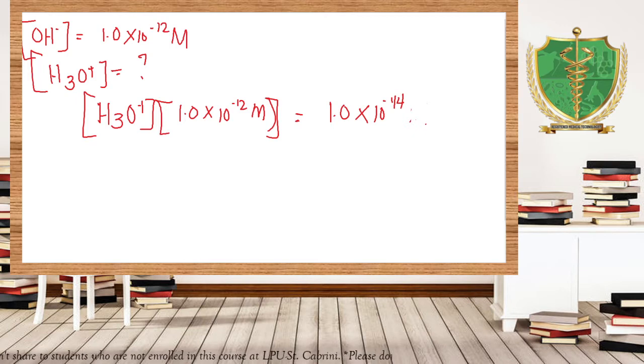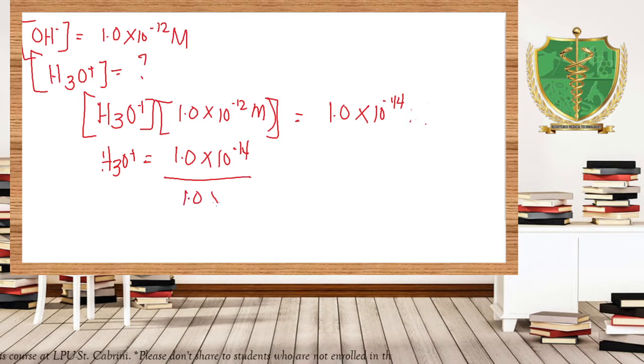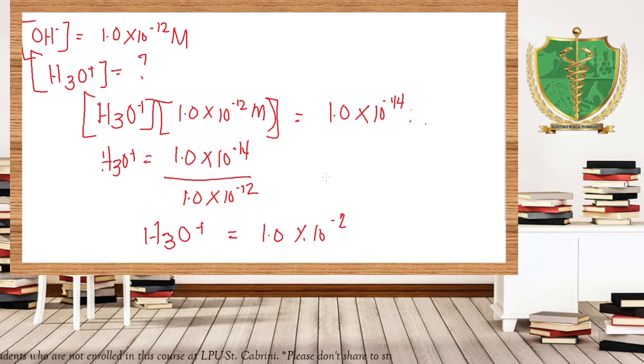So hydronium is equal to 1.0 times 10 raised to negative 14 over 1.0 times 10 raised to negative 12. That will be our hydronium concentration in the solution: 1.0 times 10 raised to negative 2.